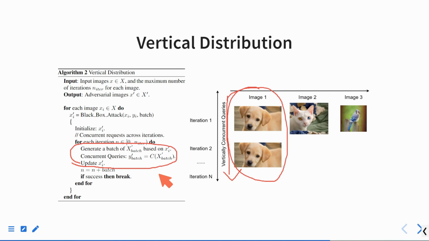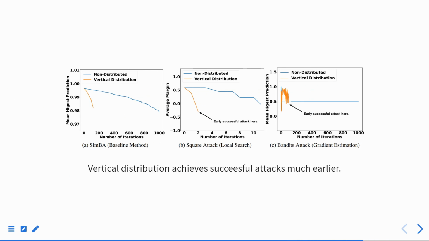In the research paper, we use both local search and gradient estimation methods as examples to illustrate how to redesign the algorithm to apply vertical distribution. After applying vertical distribution, besides reducing the attack time, both local search and gradient estimation methods achieve early successful attacks. The probability of the original predicted class drops faster.